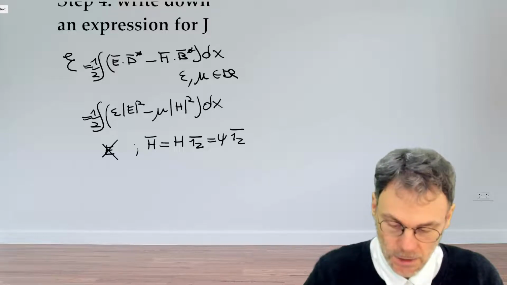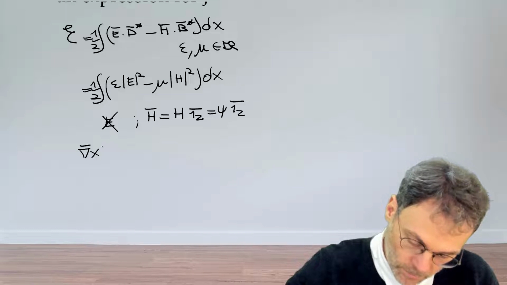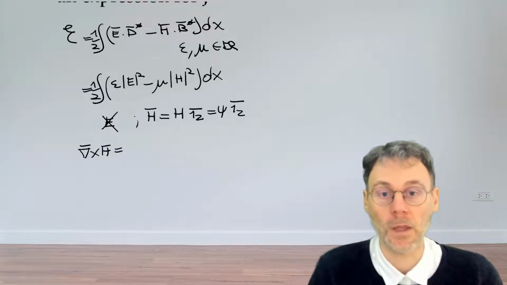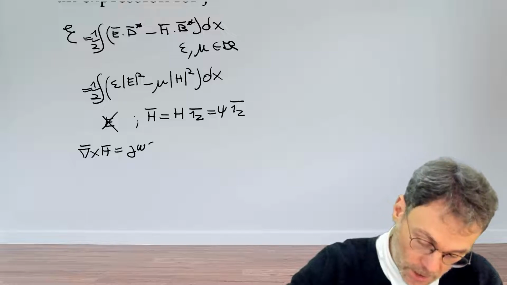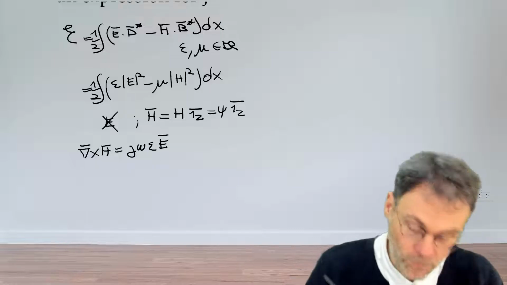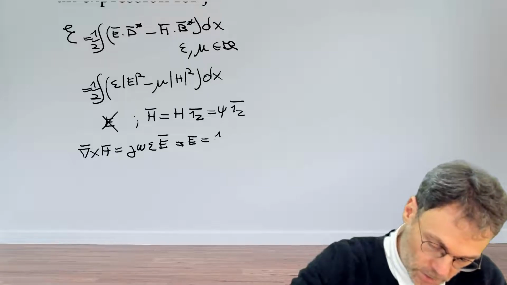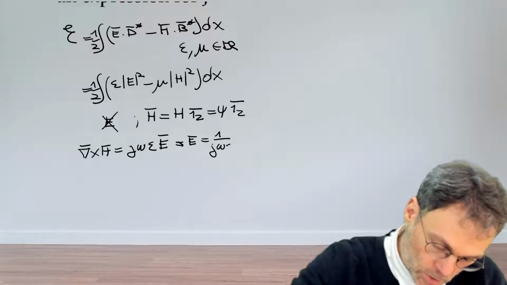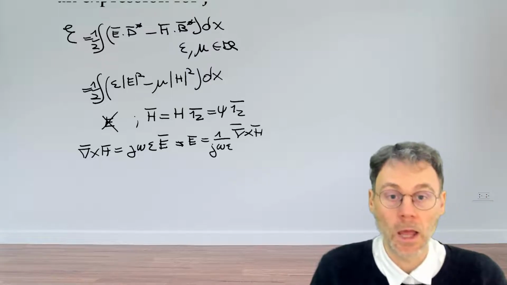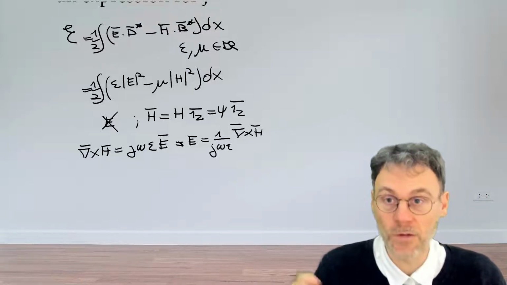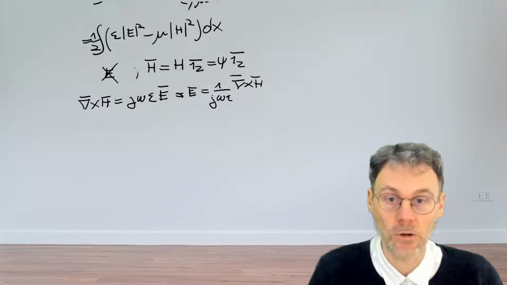Let's see. Maxwell tells us that the curl of the magnetic field in the frequency domain and in absence of sources is j omega epsilon E, right? So E is, unsurprisingly, 1 over j omega epsilon times the curl of H. And if we look at the specific form of H, which you see up there, then we can easily calculate that curl.